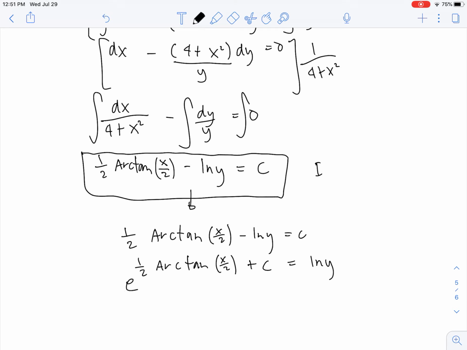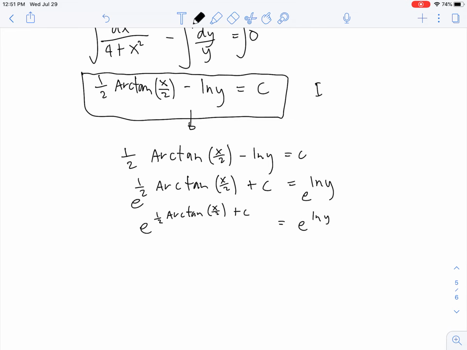The next is ato siyang erase. Ato ang kani ug kani may mga exponent sa e, di ba? E ug e dira. So ang answer ni is just e raised to 1/2 arc tan x over 2 plus c is equals to e raised to ln y.